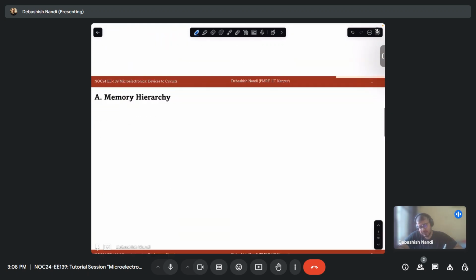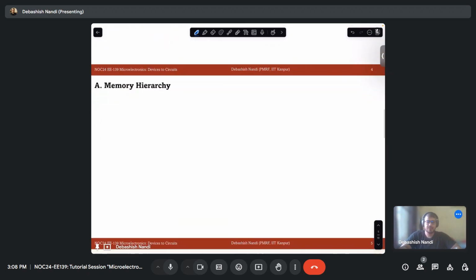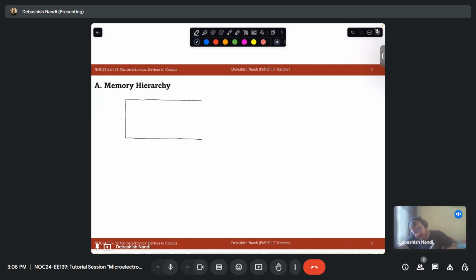So let's begin. Memory hierarchy. When you open a laptop or a mobile phone, or in other sense any computing environment, what you see inside is this.